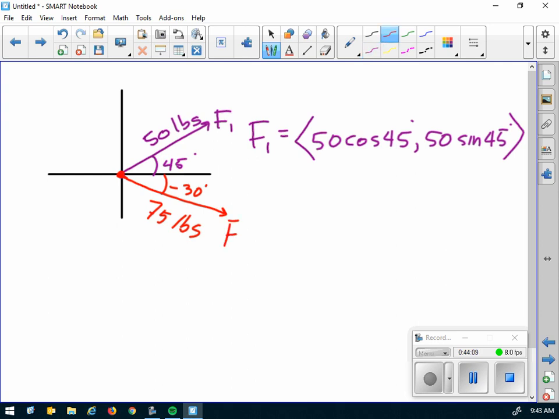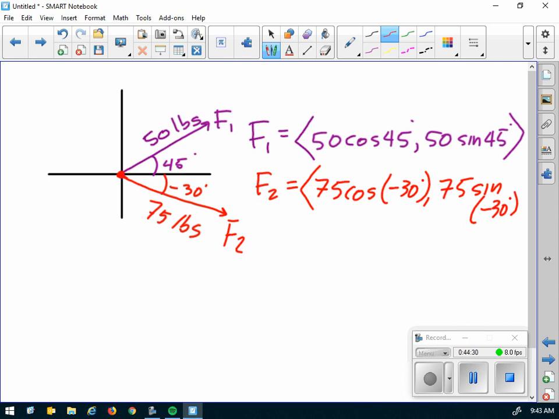Jael is force 2. What is the vector to represent Jael? 75 cosine of minus 30 degrees, I can use minus 30 degrees if I want to, that's fine, and 75 sine of minus 30 degrees. Now, to figure out where Kenya actually gets pulled, what are we going to do with those two vectors? Add them together.